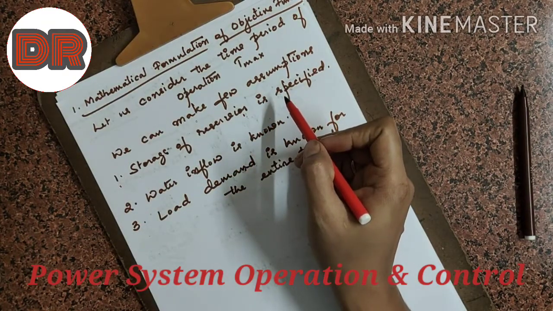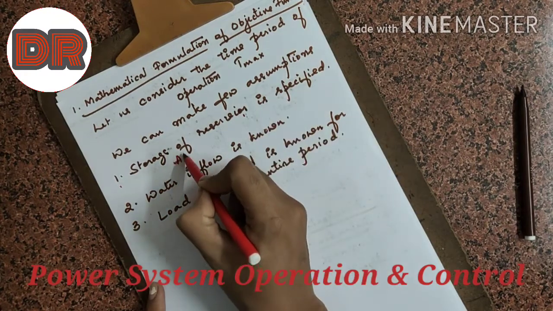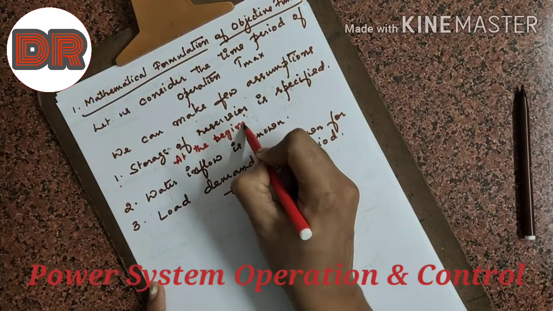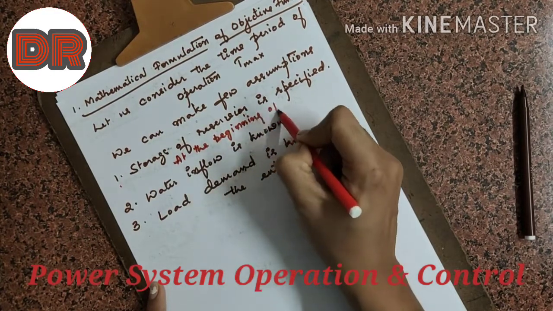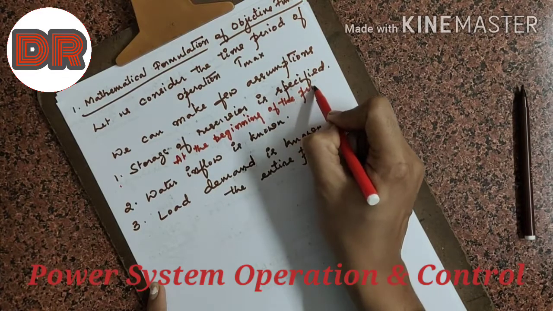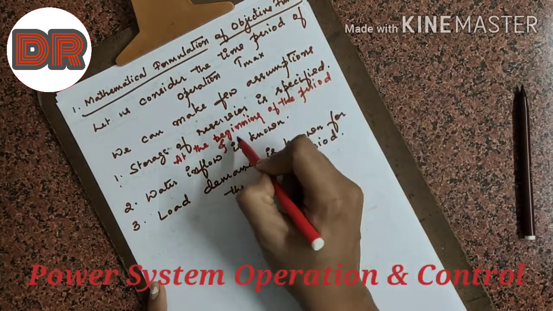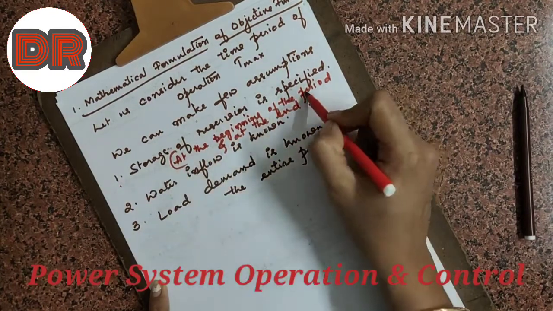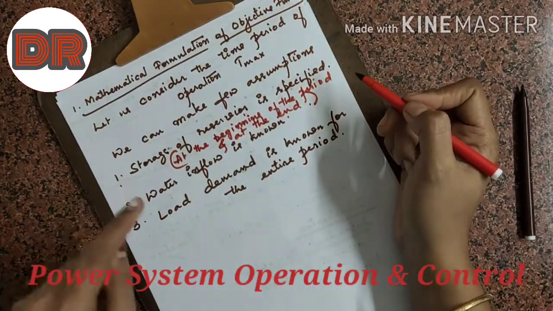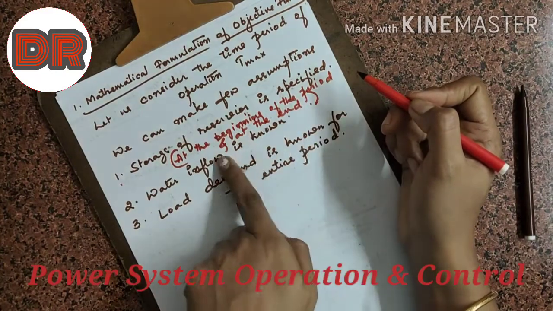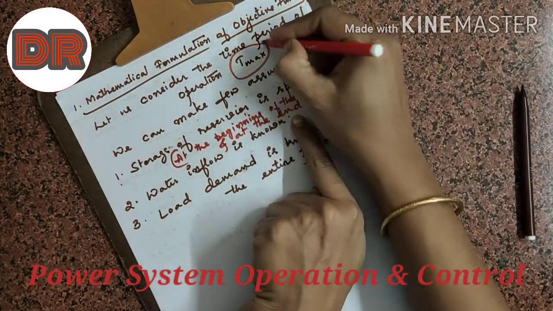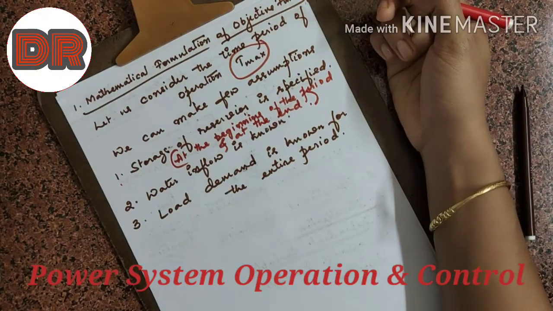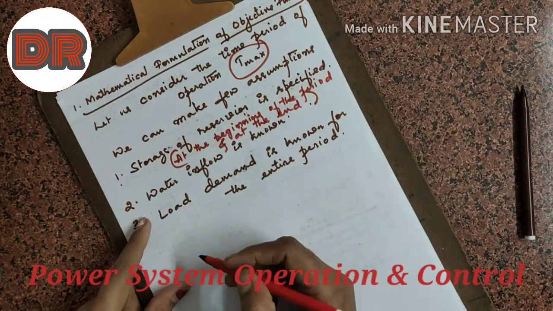We know the storage of the reservoir at the beginning of the period and at the end. We have also taken the time period as Tmax, so at the beginning of Tmax and at the end of Tmax we know the storage of the reservoir.